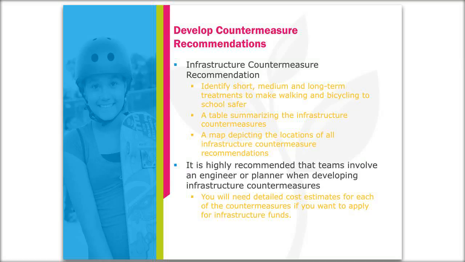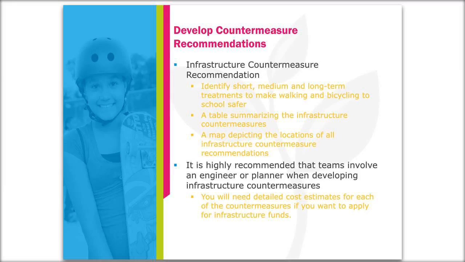During this phase, it's highly recommended that teams involve an engineer or planner when developing your infrastructure countermeasures. It's really helpful at this point to have the engineer or planner help you develop a detailed cost estimate for each of the countermeasures that you've identified.